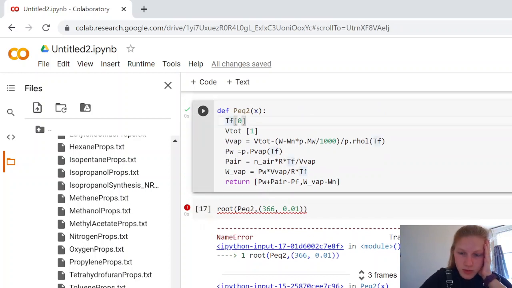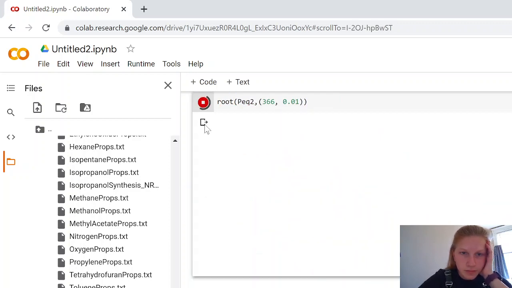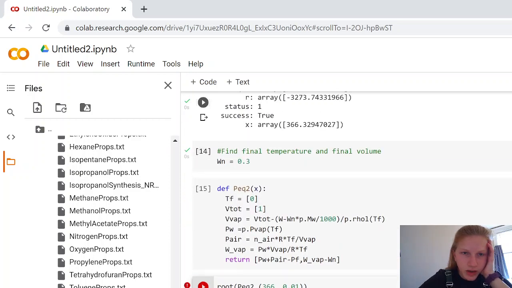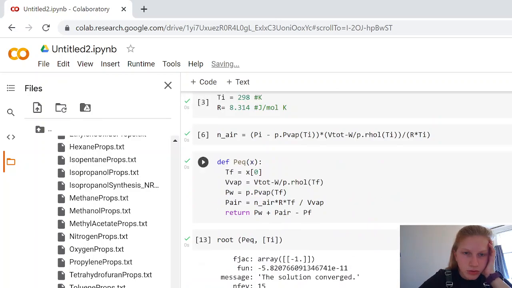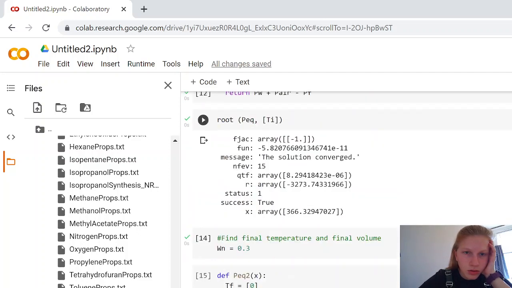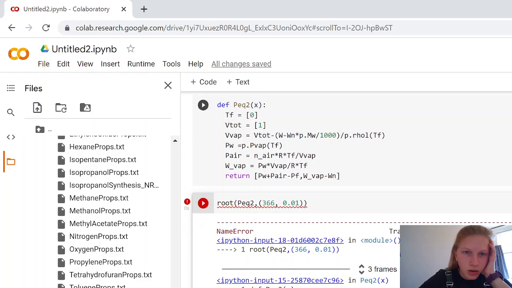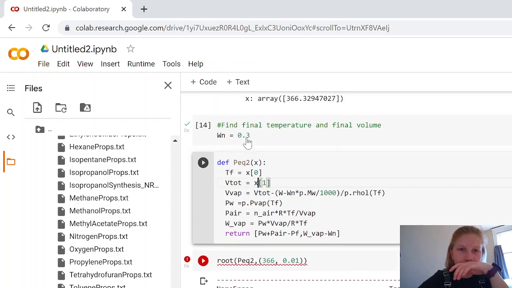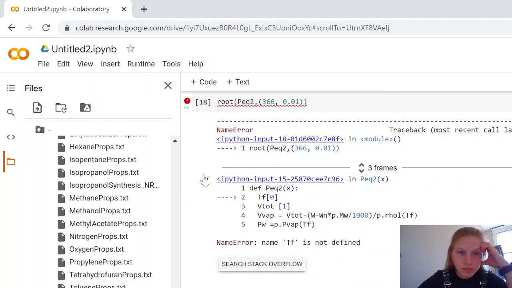Oh, I forgot to put an equal sign. Let's try that. TF is not defined. Why is TF not defined? Oh, I didn't put X's here. Sorry. Let's try that. Okay.